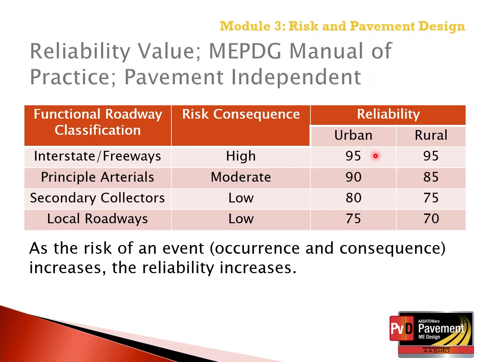Again, the higher reliability values are for the high volume interstate, and the lower reliability values are for the lower volume local roadways. Remember, as the risk of an event, the occurrence and/or consequence, increases, the reliability value typically increases. In other words, going from local routes to interstate freeways.